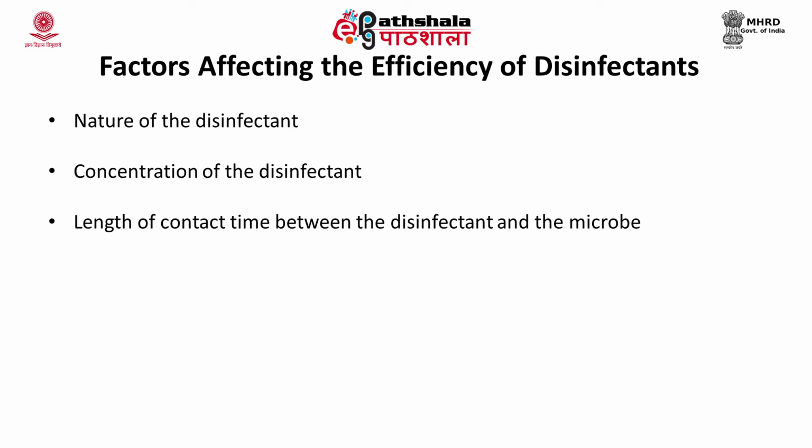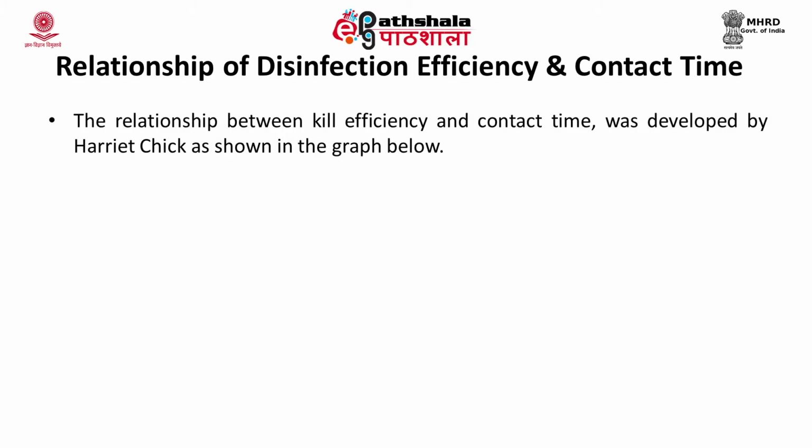As the contact time increases, the efficacy of the disinfectant also increases. The relationship between the kill efficiency and the contact time of the disinfectant was developed by Harriet Chick, and this is also known as Chick's law.